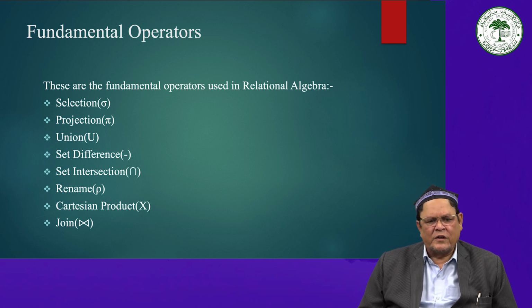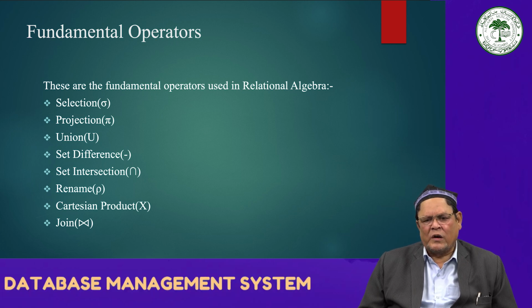The core operators include selection, which filters rows based on specified conditions, and projection, which extracts specific columns from a relation while discarding others. Union combines tuples from two relations, removing duplicates.